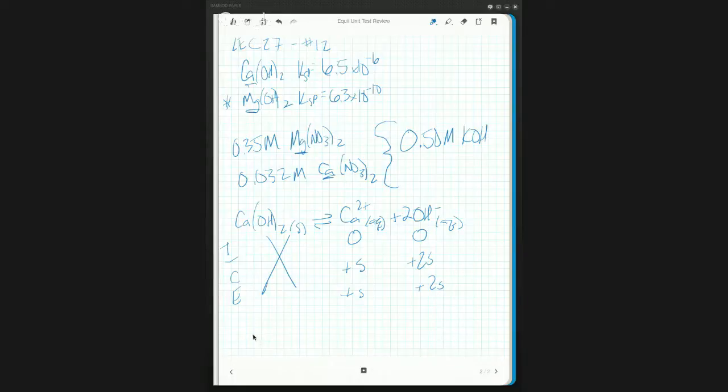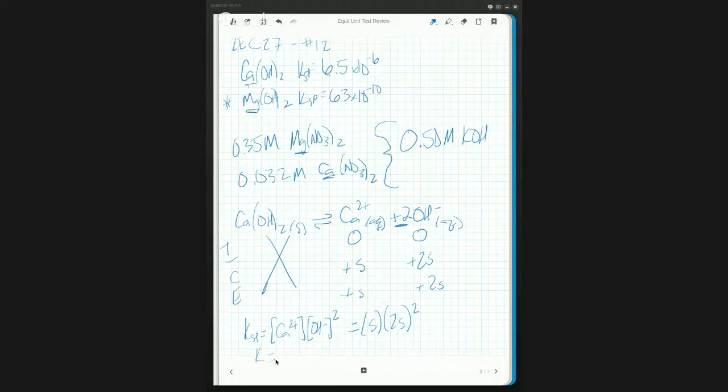And so your equation, Ksp, is equal to the concentration of Ca2 plus times the concentration of OH minus squared, because the 2, that is the coefficient, becomes the exponent. So the other way of looking at that is that it's S times 2S squared.